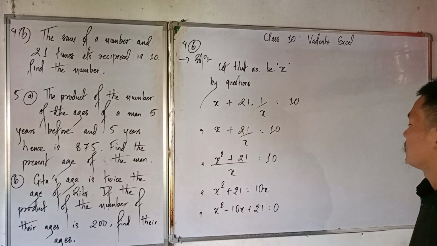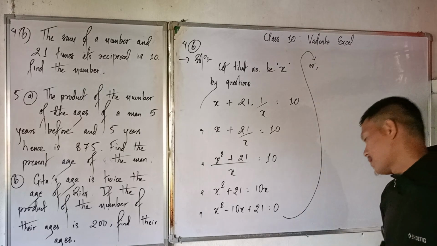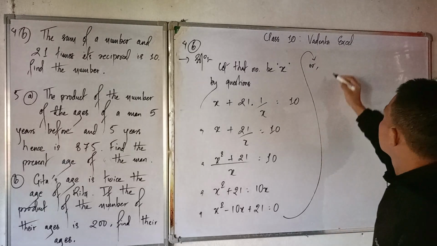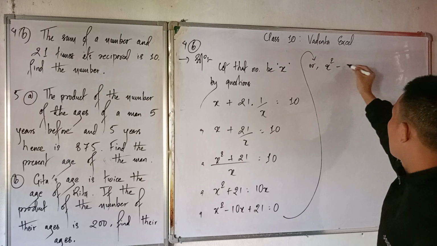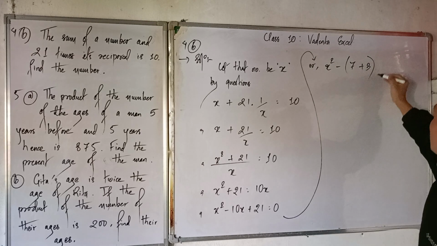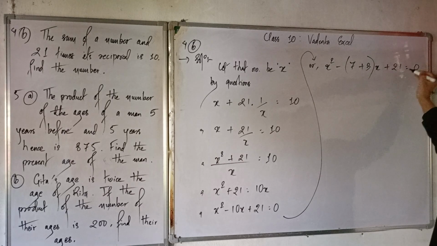Now we factorize. 21 is 3 times 7. You must know how to factorize. 7 plus 3 is 10, and 7 times 3 is 21.